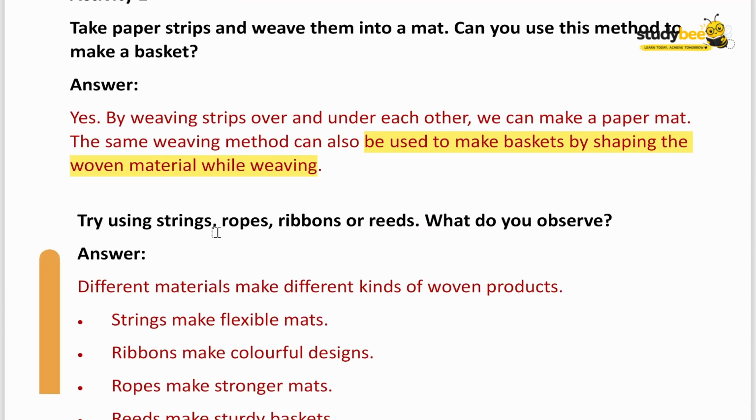Try using strings, ropes, ribbons or reeds. What do you observe? Here we used paper for weaving, right? You can use strings, ropes, ribbons. What you will observe is that different materials make different kinds of woven products. If you use different materials, they will make different products.